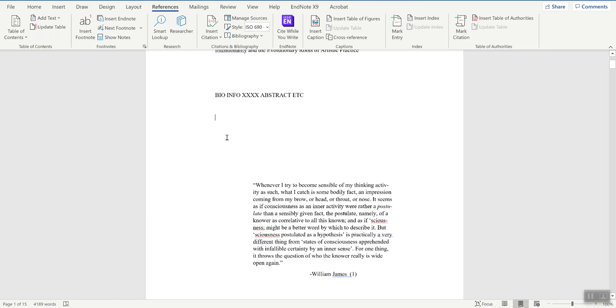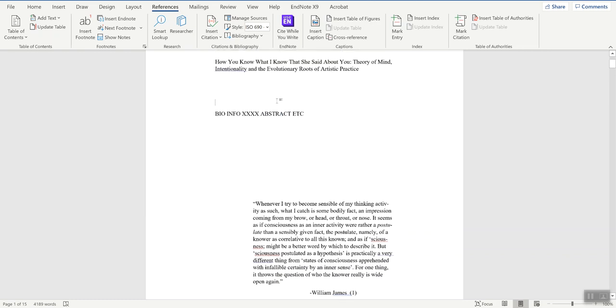Now that 1 refers me down to the reference list, and William James's book is just listed as number 1. It's the first citation that I come across. Okay. APA and MLA do this very differently. This style of citation is actually more for scientific papers, but that's what this journal wants, so that's what this journal gets.